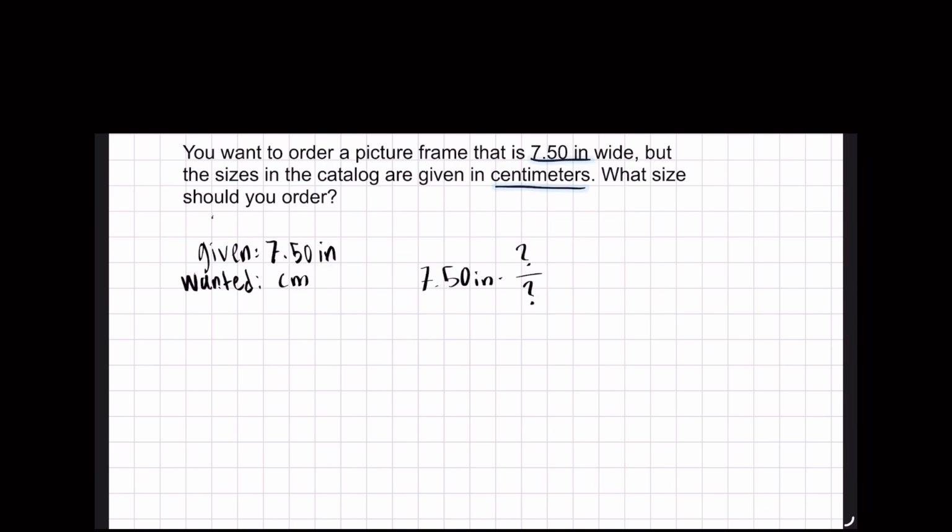What conversion factor can we use here? Well, it's the same one as before, centimeters to inches. We know that 2.54 centimeters equals 1 inch. But remember that this is our formula. Because the given units are opposite to each other and they cancel.